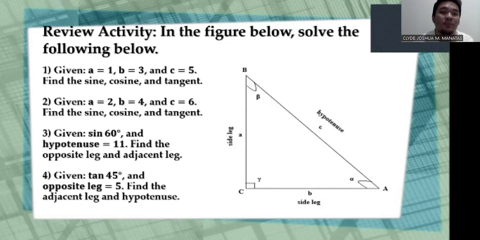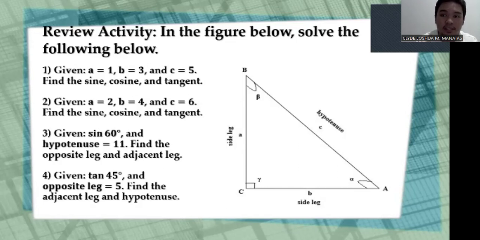Next, number 2. What is the sine? Very good. It's 2 over 6, or we can simplify it as 1 over 3. Next, cosine. Very good.